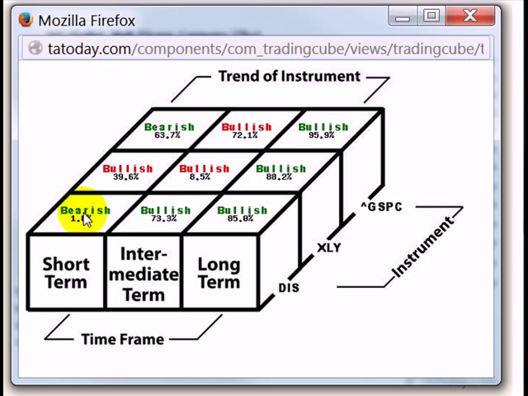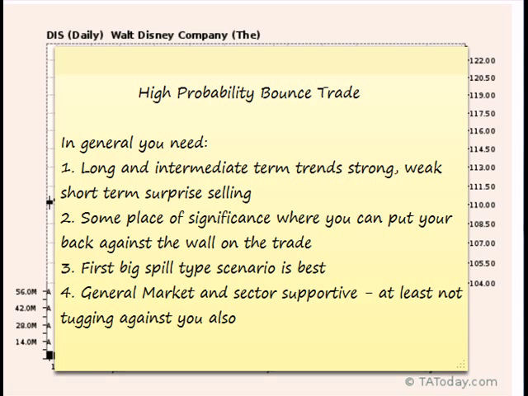In other words, you got hit. To me, this is kind of a warning sign that maybe something bigger is happening, or maybe it's just a good sell-off opportunity. And on a strong stock, it probably is going to be that, and that's why we're looking at it as a higher probability trade. You want the sectors and the general market to support you. In this case, they do for the most part, so that's the setup.